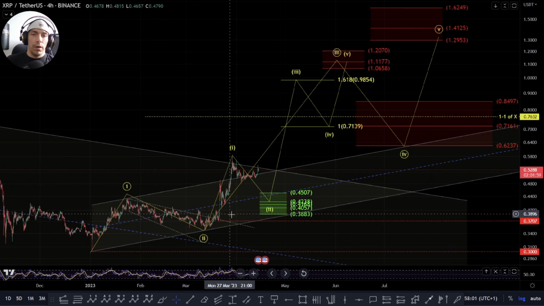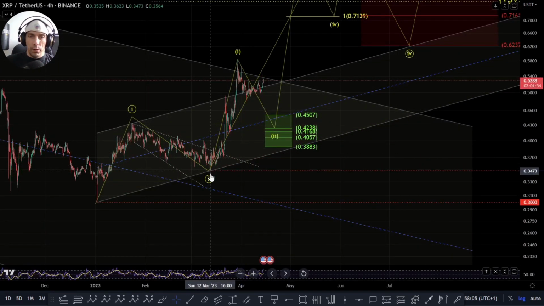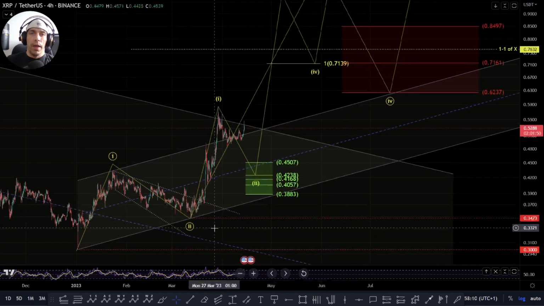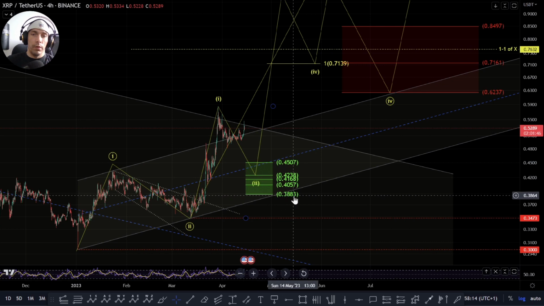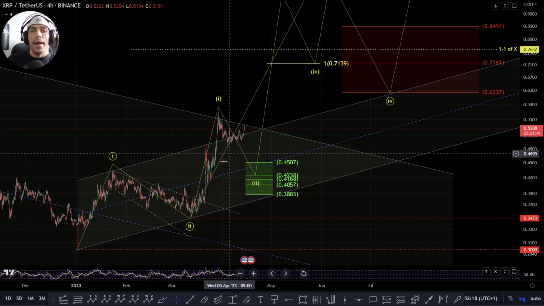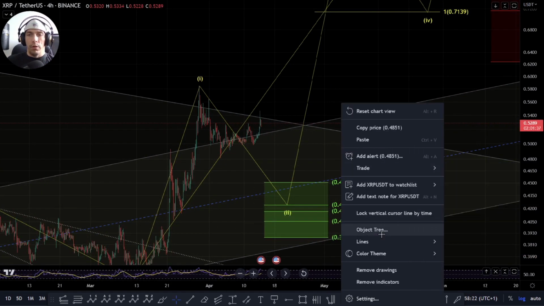But in order for this still to be valid, we cannot lose this lower area here of this 43.73, and we would have to find support in this zone here of this 45.07 to this 38.83 rather. And basically we'd be looking for that potential of coming down in a bigger correction pattern.